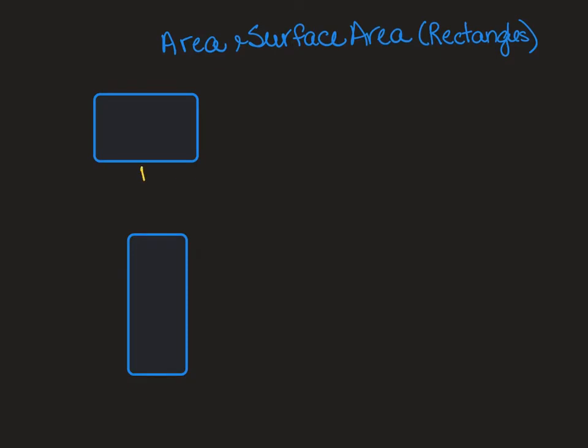So if I have the length and the width, I know that the area is going to be the length times the width. Okay, so what if we change that shape a little bit? What if we just give it a shove over?